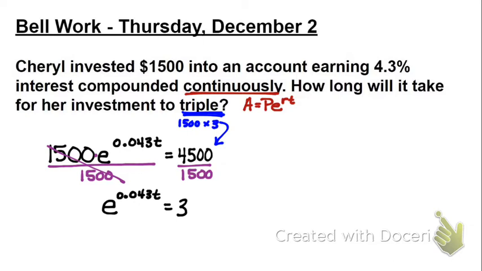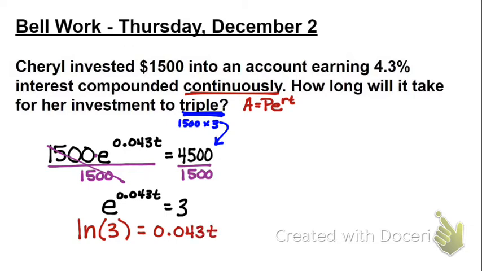All right, now that we got it to here, though, what do I want to do? Can't divide by E. Set it up for a natural log. I can't divide by E because E has a power on it. So natural log of 3 is equal to 0.043t.